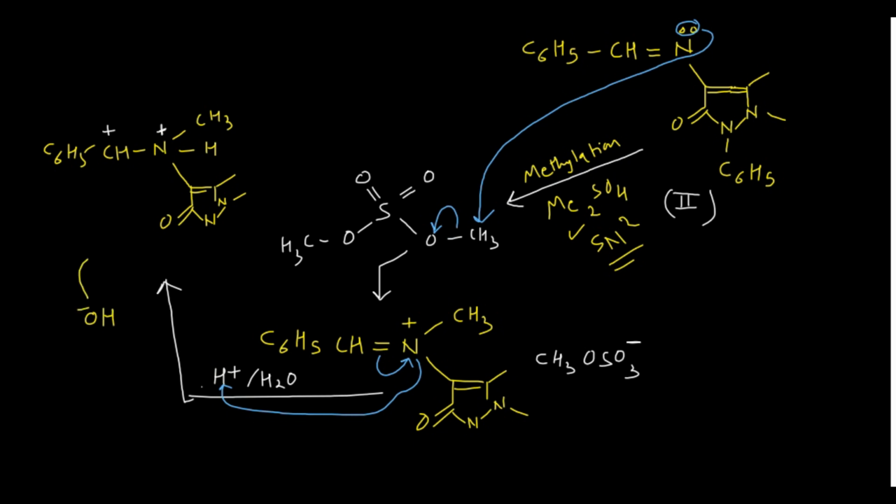So this OH negative will attack onto this carbon atom, right? So basically, earlier you have formed this particular ion, which is when double bond is here, it is the iminium kind of the ion. Okay, but then your OH will attack onto this particular carbon atom, and you will have this particular intermediate. I am writing in the next page what you can have. Then you can have C6H5 was already there.